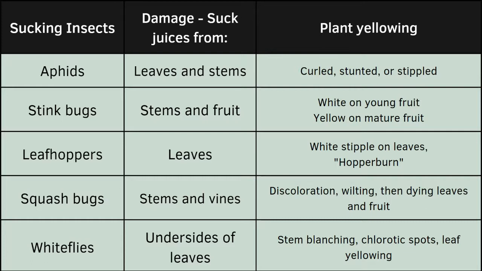But always look on the underside of the foliage and you will be able to tell which one it is. A bronzing of the leaf is usually what you see with mites. With whitefly problems, you're going to see browning, tanning. It really just depends on the size of the population.